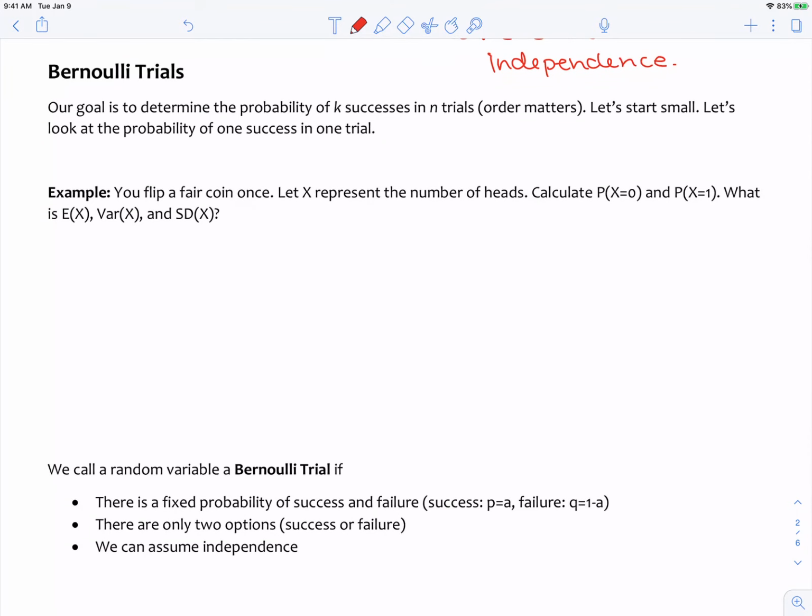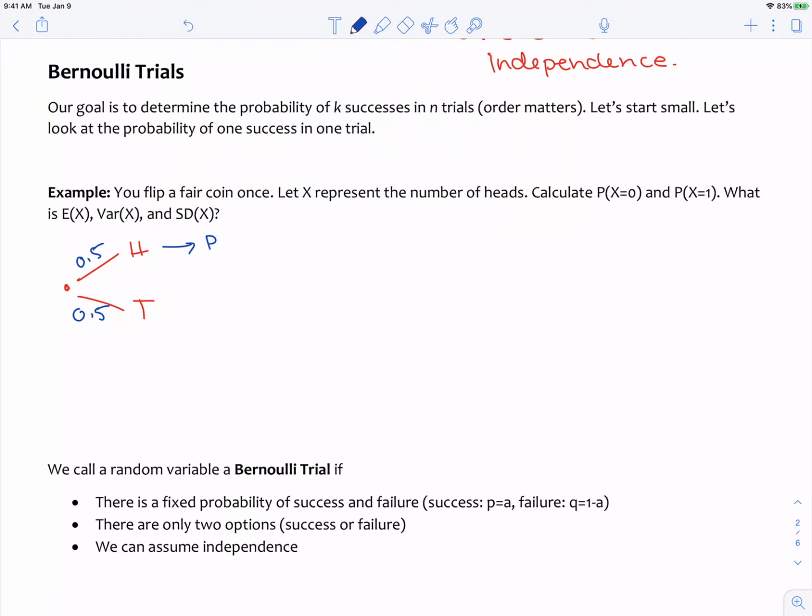To come up with the probabilities, it's always a good idea to think of the tree. We could get a heads or we could get a tails, and this is representing the real life situation. We know the probability for a fair coin should be 50-50 for each of those outcomes.